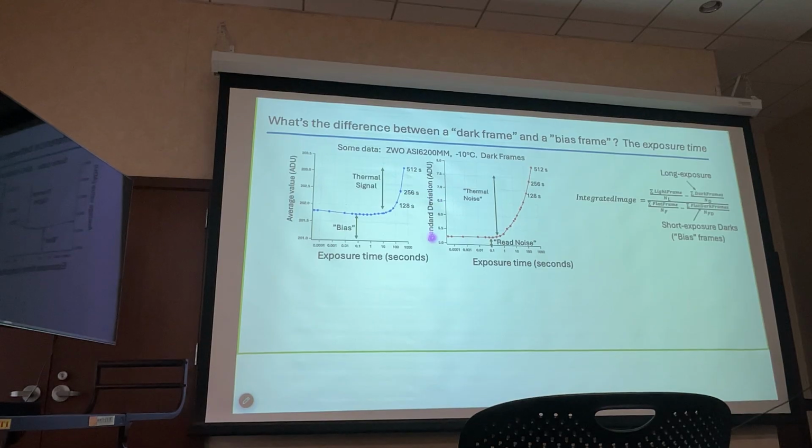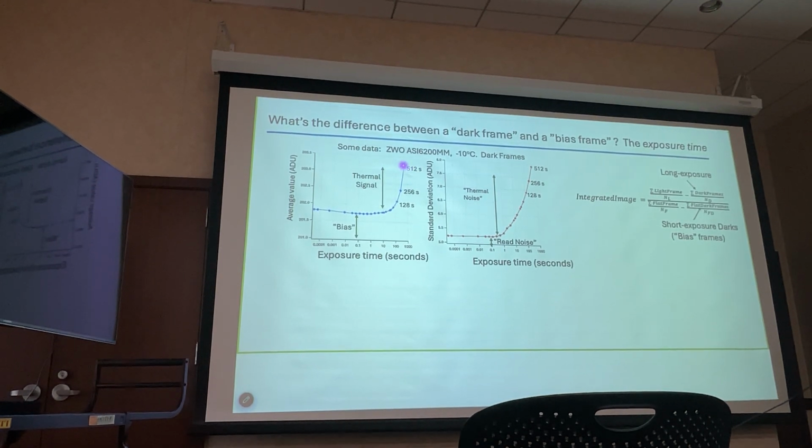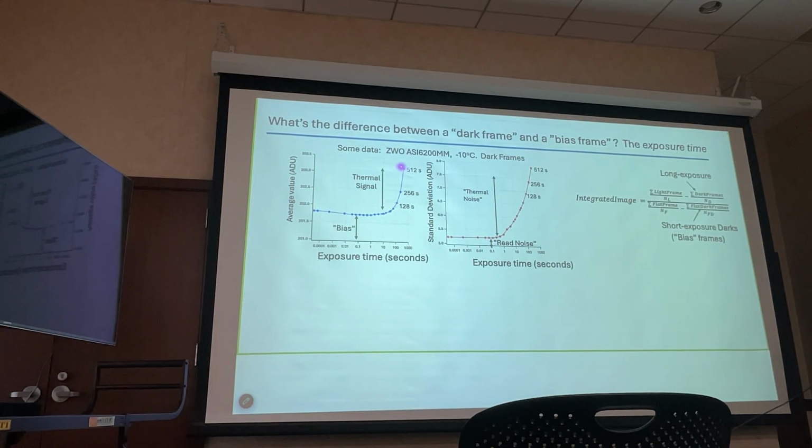If we look at the noise and the value, you can see that as we go to longer exposures, there is a thermal signal that comes in. Especially at longer times, that can be significant, and there is significant noise as well that is introduced above the so-called read noise.